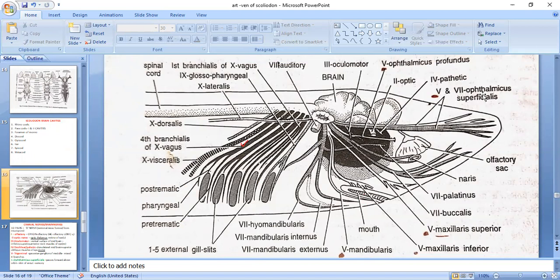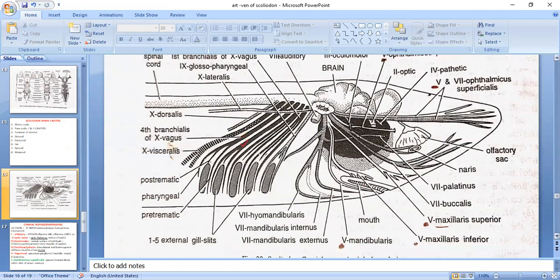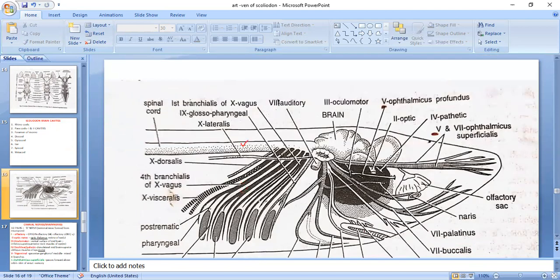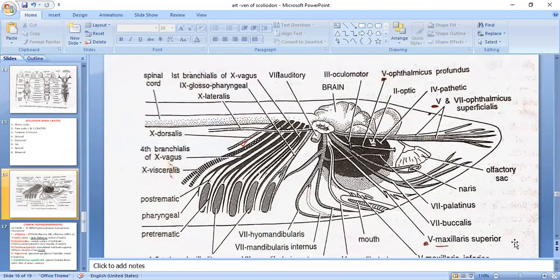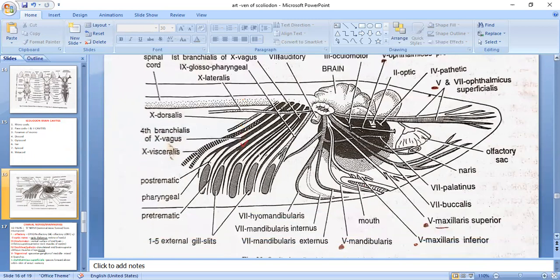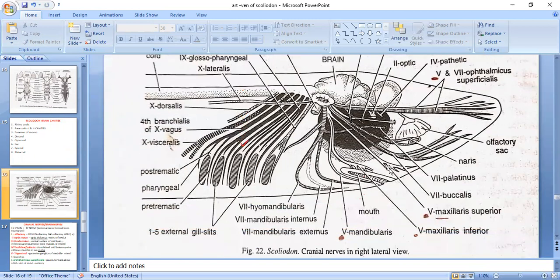And the fifth has first branch ophthalmicus superficialis, then ophthalmicus profundus, and then fifth maxillaris superior. This is superior. This is maxillaris inferior. And the fifth mandibularis.